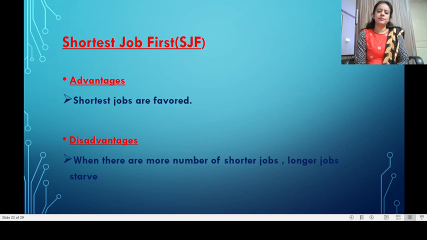The disadvantage is that when there are many short jobs, longer jobs have to wait. If most of the jobs in the queue are short, then longer jobs will not get any chance to execute by the CPU.